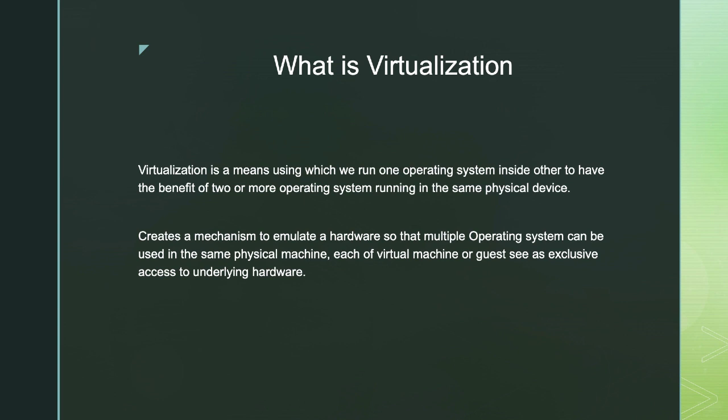But in that case, if you want to use Linux, you will have to reboot and you can only use Linux. If you want to run Windows again, you will have to reboot and you can only use Windows. You cannot access two operating systems from the same physical device simultaneously, and that's where virtualization comes into the picture. With the help of virtualization, you can have multiple operating systems hosted on the same physical machine.